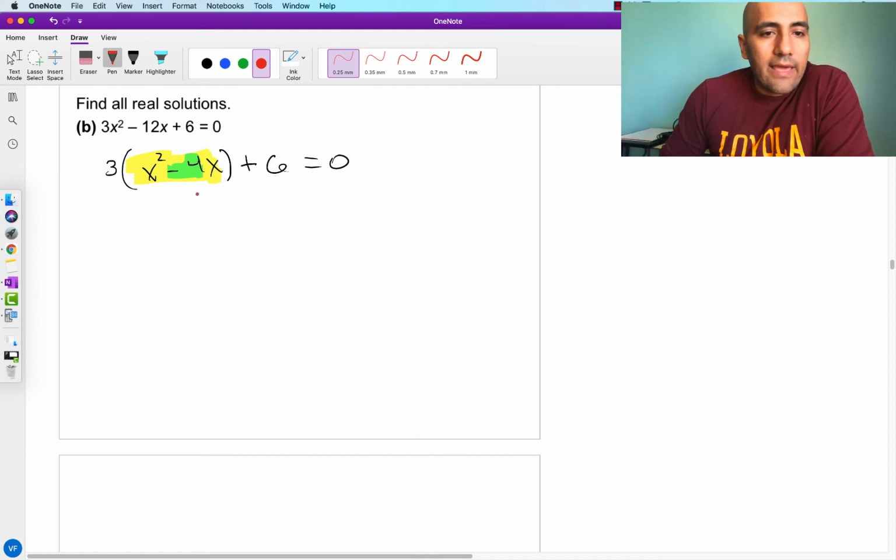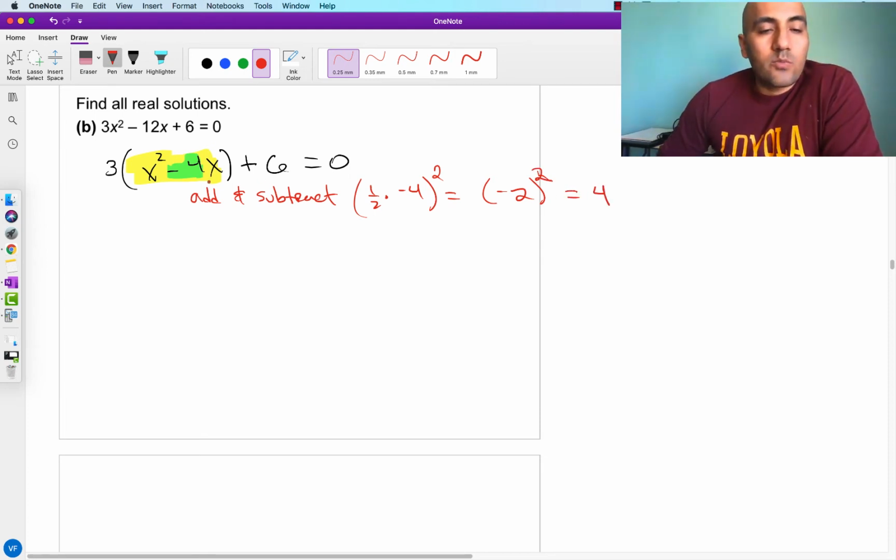So add and subtract this, which is 1/2 of the negative 4 squared, which is going to be equal to negative 2 squared, which equals positive 4. So adding and subtracting 4 is the perfect value that I can introduce in order to guarantee a perfect square trinomial inside the parentheses.